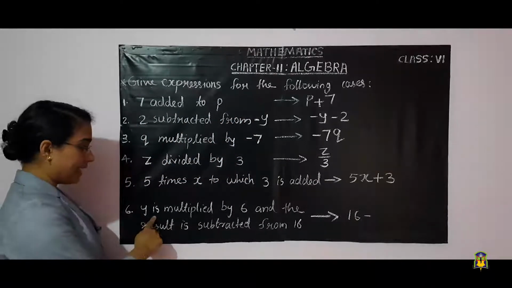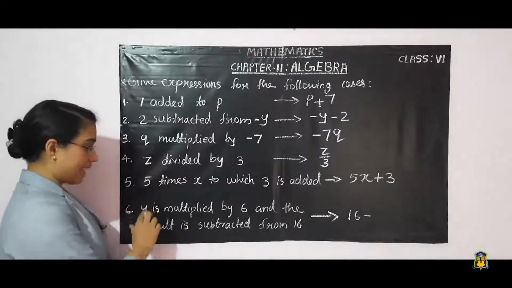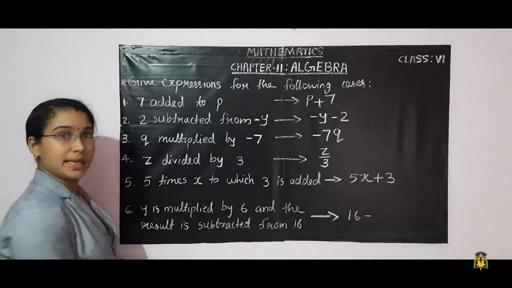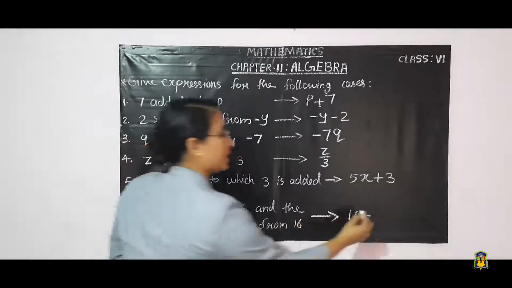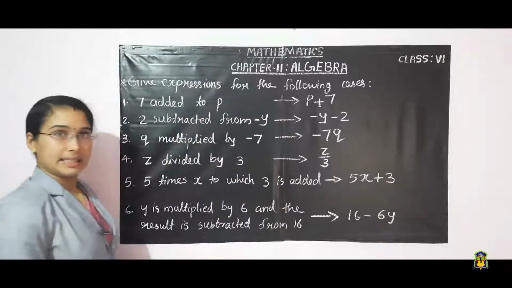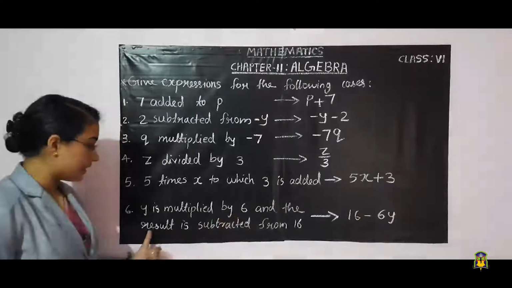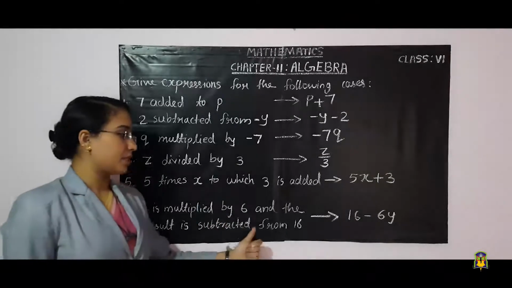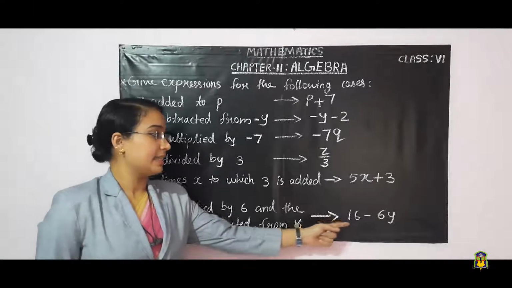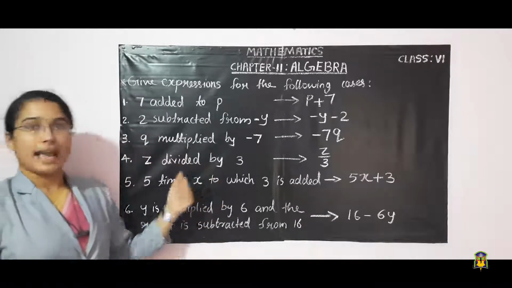That means y multiplied by 6, which is 6y. So we subtracted 6y from 16. So y multiplied by 6 and the result subtracted from 16 means 16 minus 6y. So this way we can write the expressions.